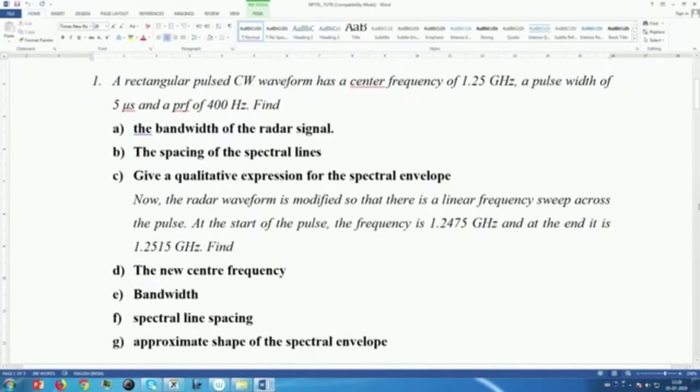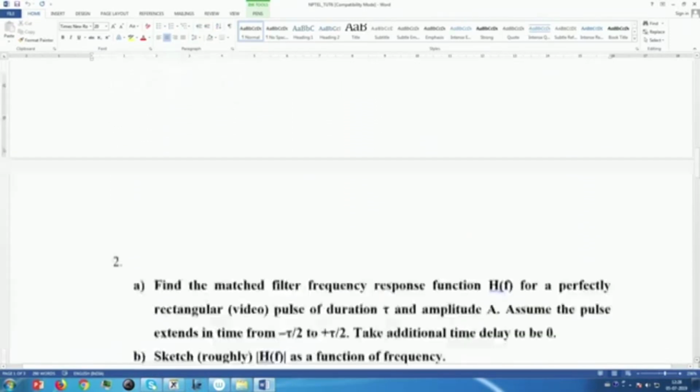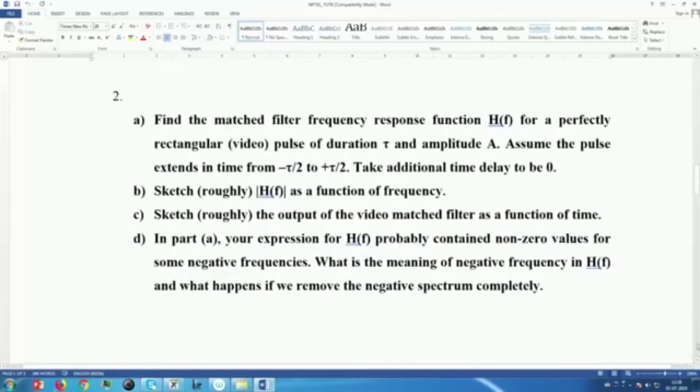Now, let us go to the second problem. This is a classical problem. Find the matched filter frequency response function for a perfect rectangular video pulse of duration tau and amplitude A. Assume the pulse extends in time from minus tau by 2 to plus tau by 2.